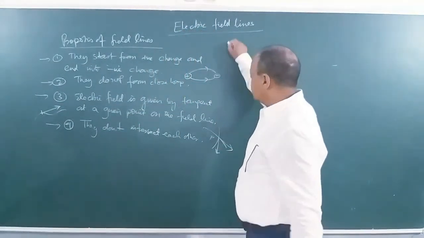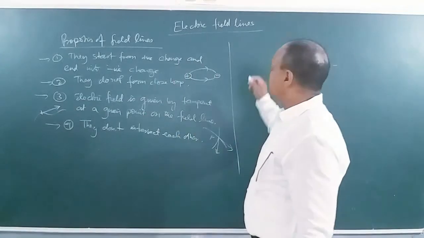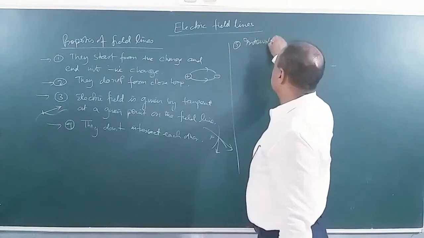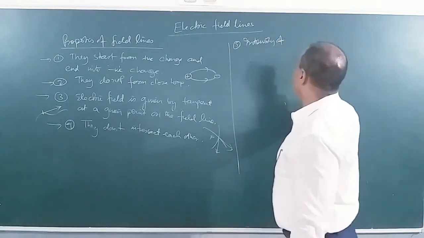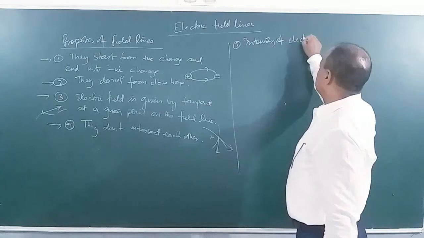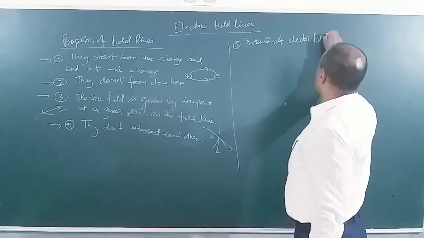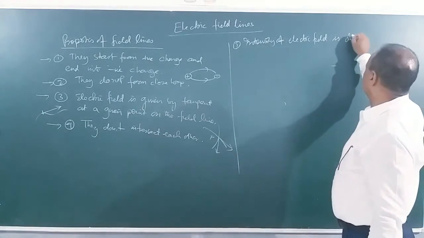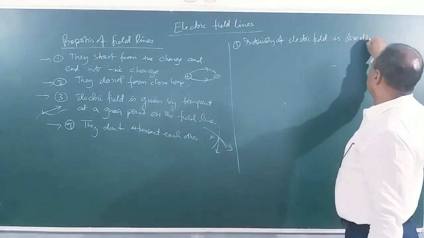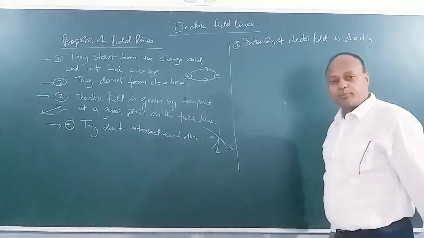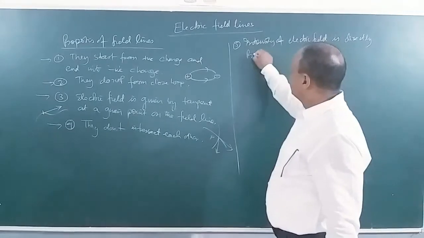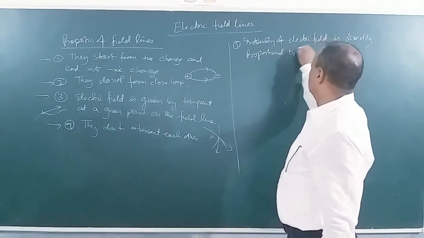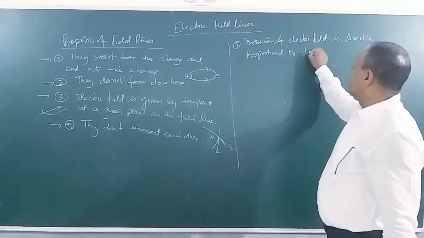Now, number 5, intensity of electric field is directly proportional to density of lines.